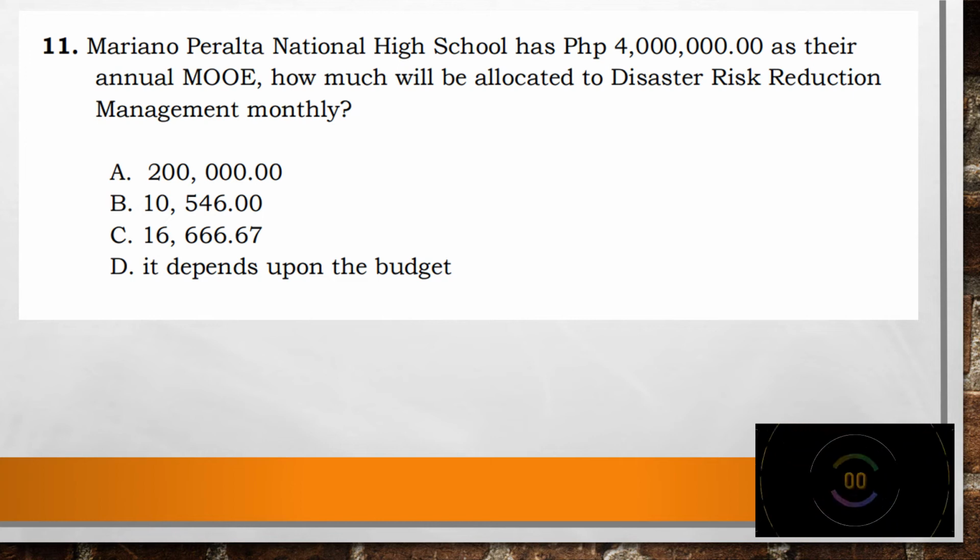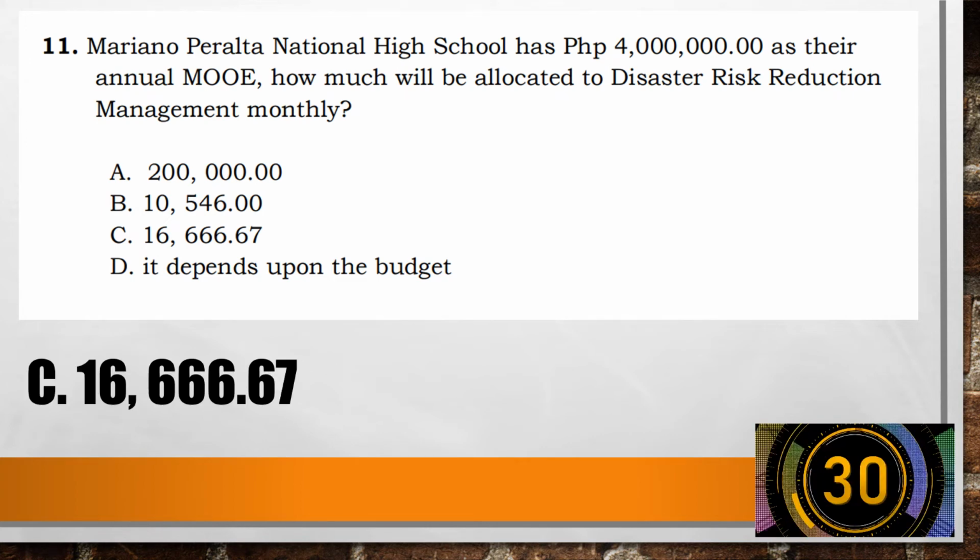Okay, time is up. The correct answer is letter C, 16,666.67. The question is how much will be allocated to DRRM monthly. To get the monthly allocation of the DRRM, you have to divide 4 million into 12 months, which results to 333,333.33 as your monthly MOE allocation.